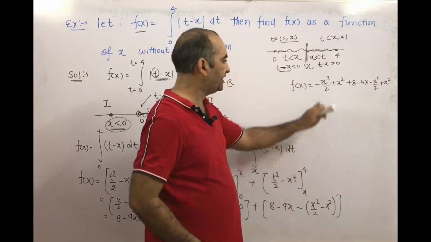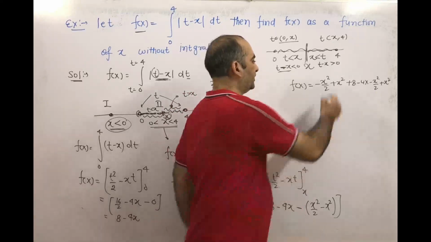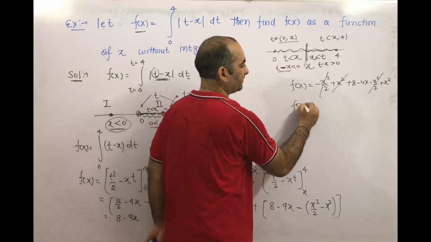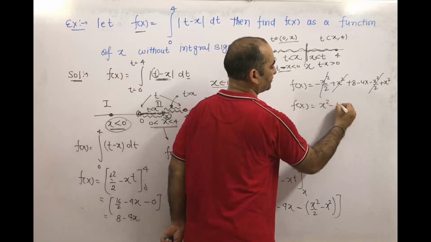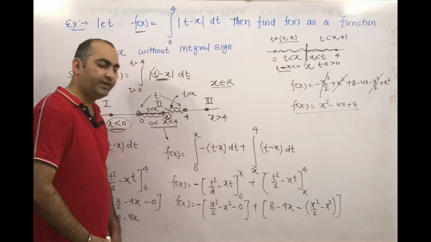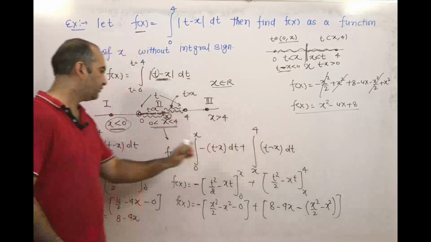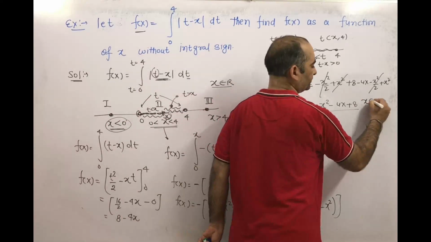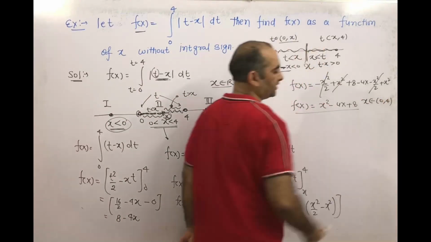Correct? And x square gets cancelled. So f(x) equals x square minus 4x plus 8. This will come when x is from 0 to 4.